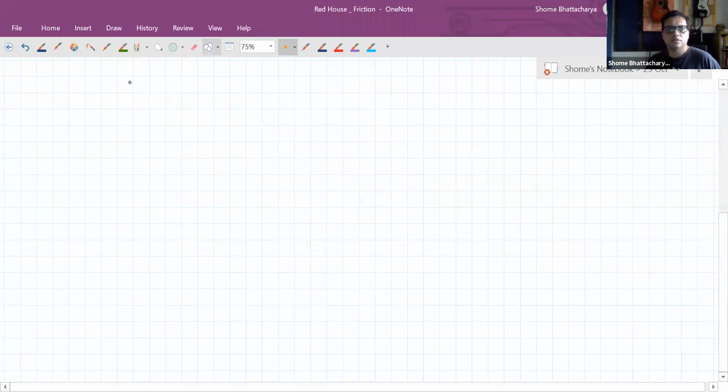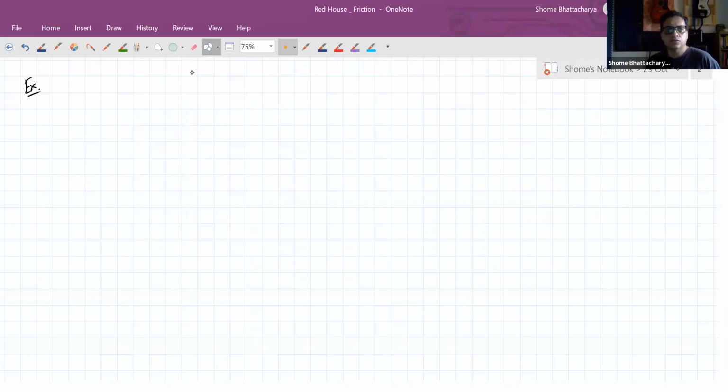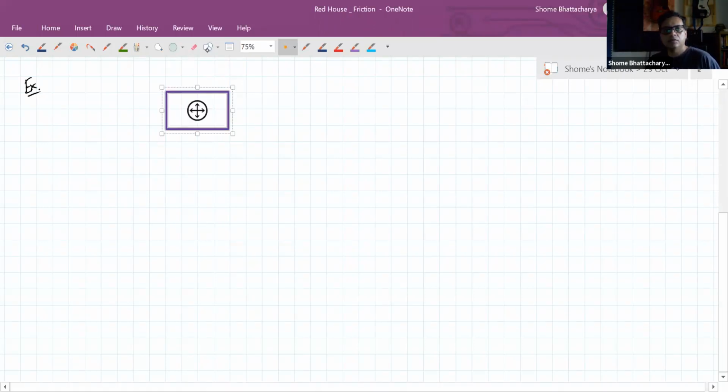So first, let's look at a question where we understand the concept of net contact force as the vector sum of normal reaction and friction when both are acting. So suppose we have a situation like this.